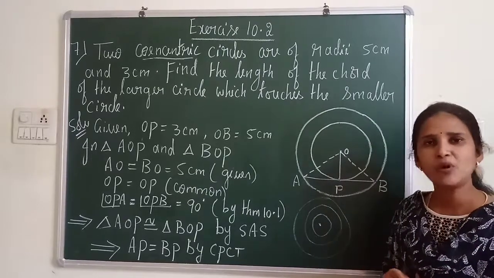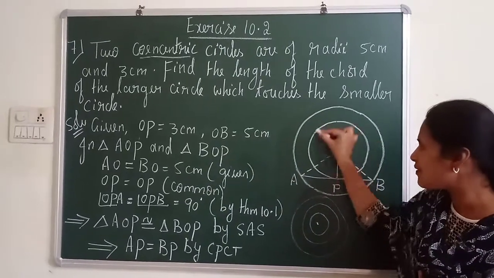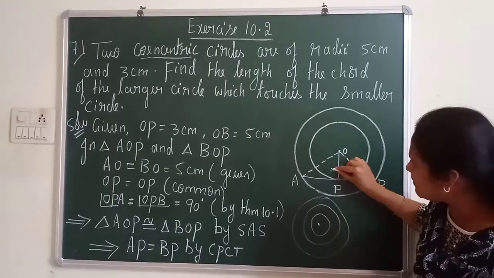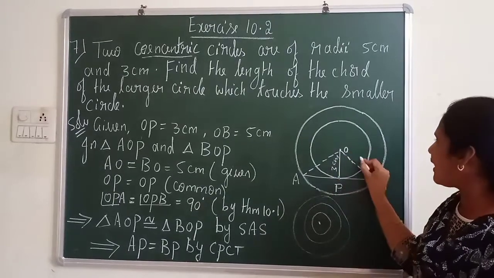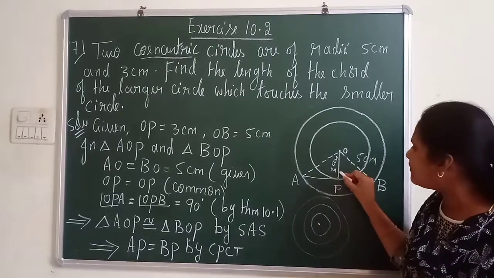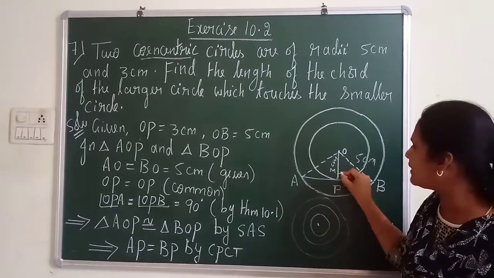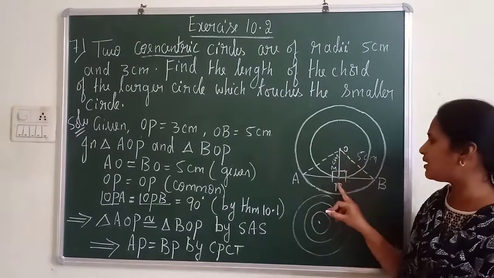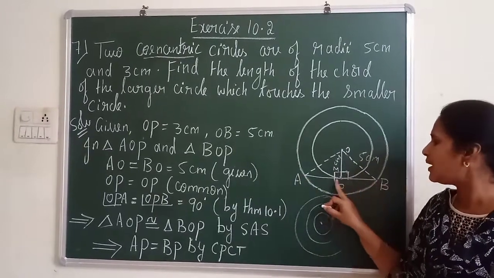By theorem 10.1 you know that OP is the radius of the smaller circle, which he has given as 3 cm, and this is the radius of the bigger circle, given as 5 cm. From theorem 10.1 I can tell that OP is perpendicular to AB.